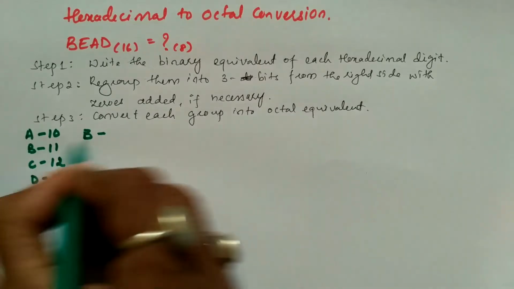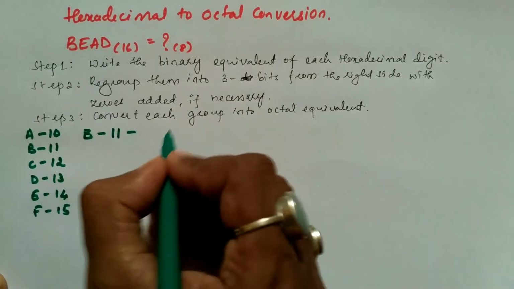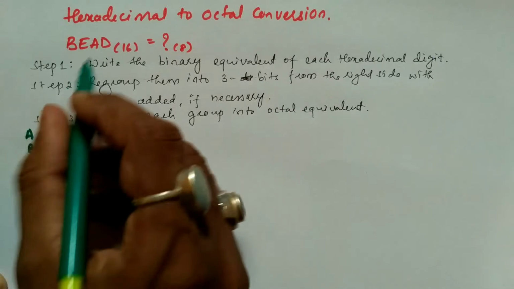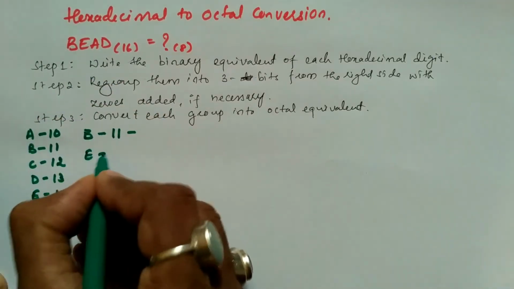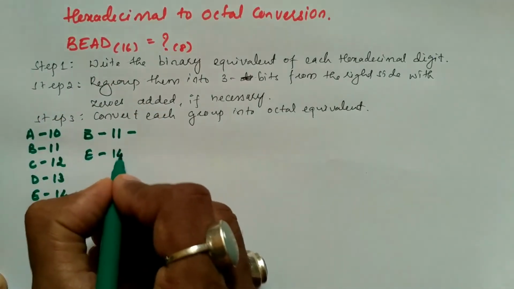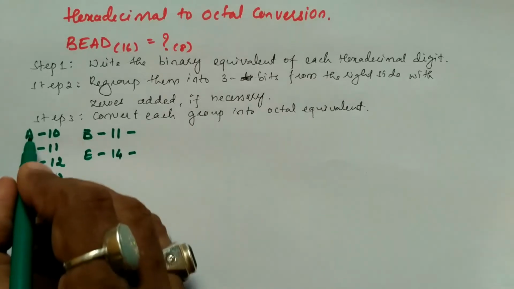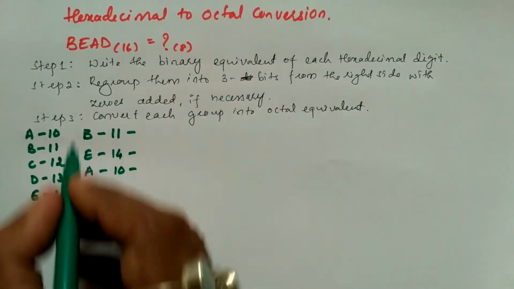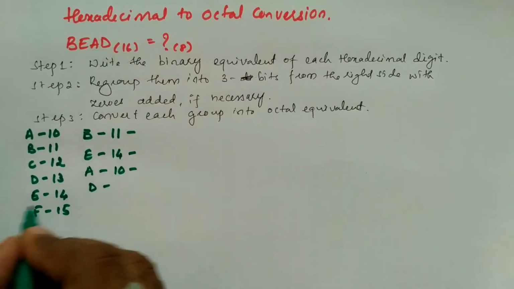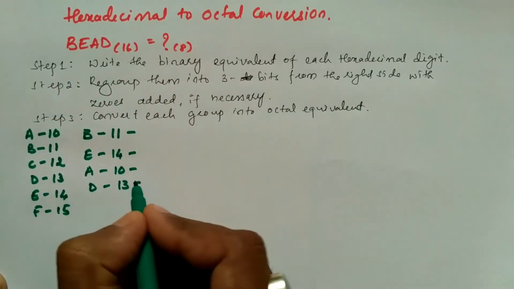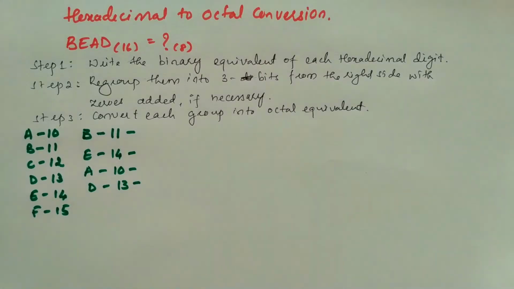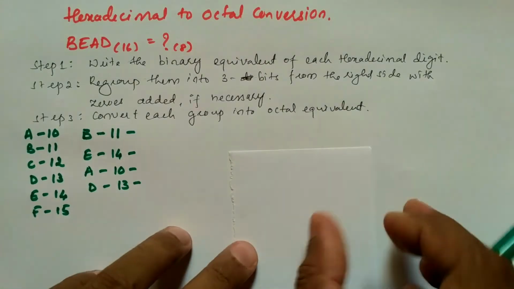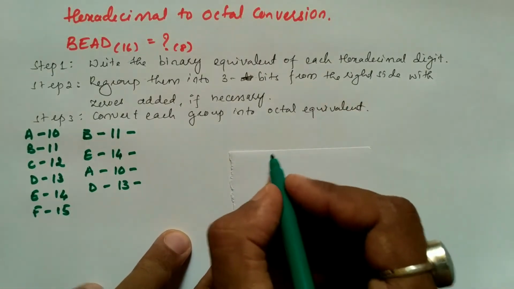So B here is 11, and we need to convert it into binary. Next is E, which is 14. Next A represents 10. D represents value 13. So each one of these numbers is to be converted into binary notation.